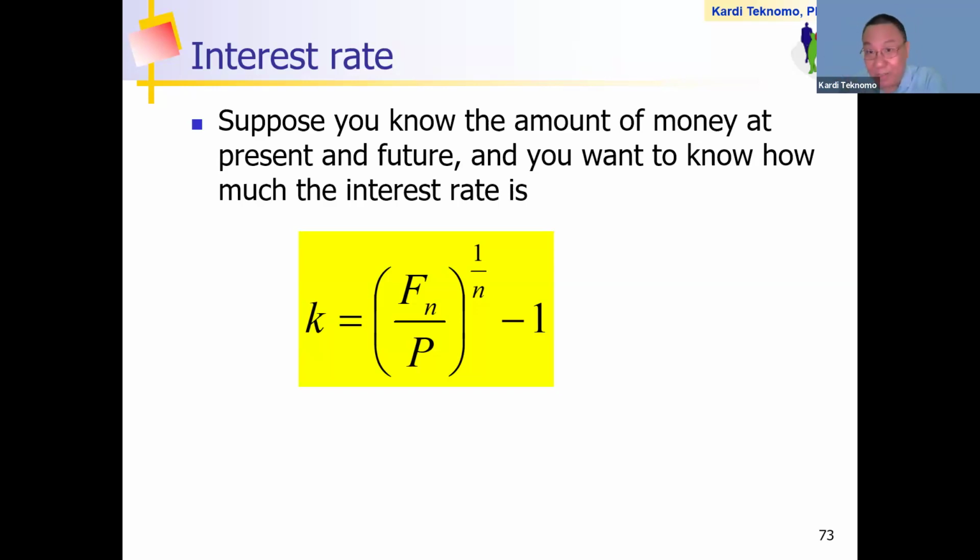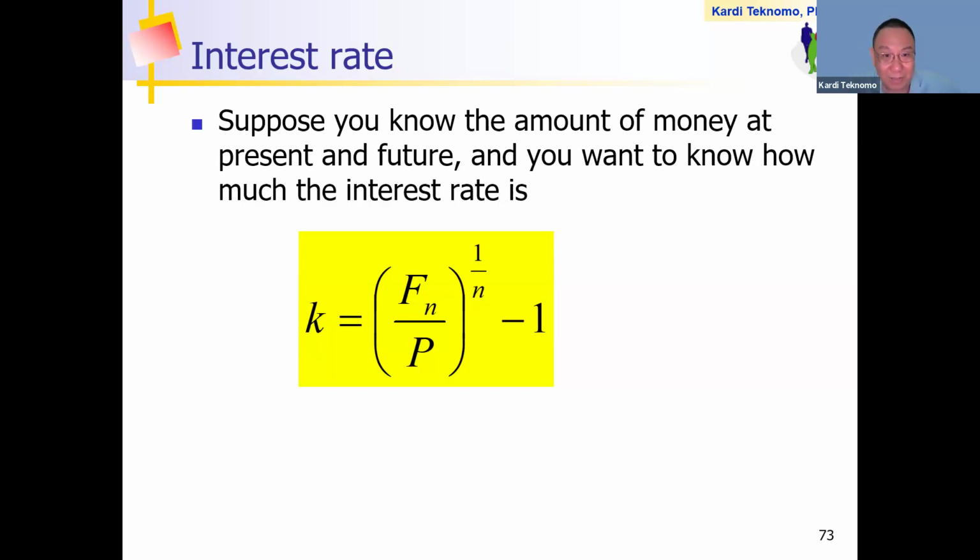Can you compute the inflation from here, using this interest rate? Abi was saying that the jeepney fare in 2005 was 4 pesos, and today in 2024 it is 12 pesos. So the minimum fare. What is the inflation rate?